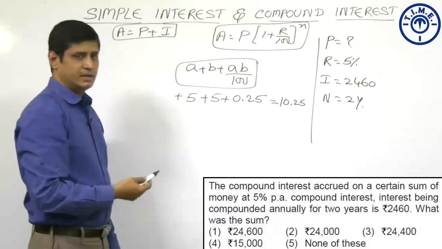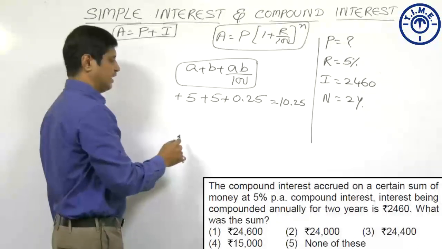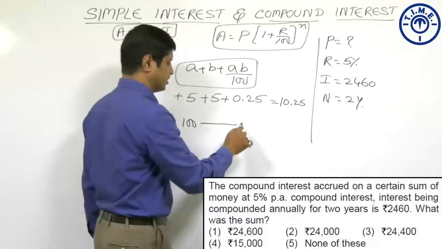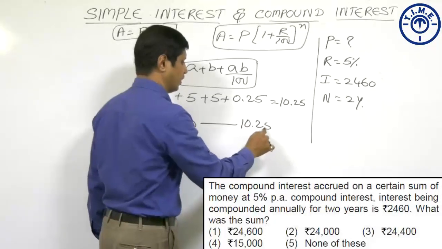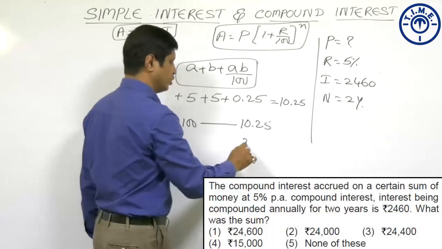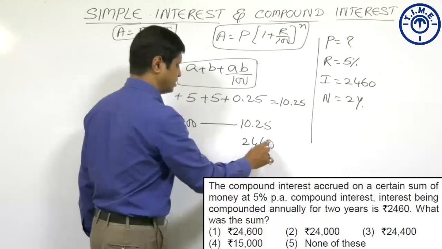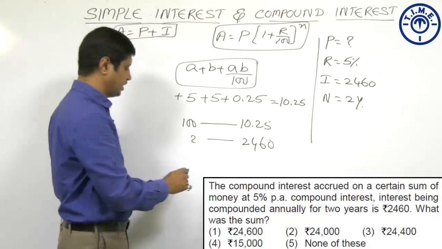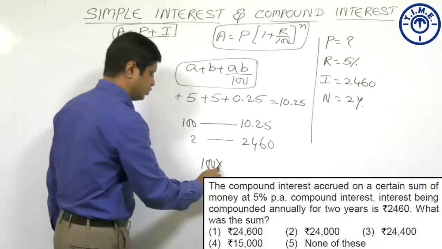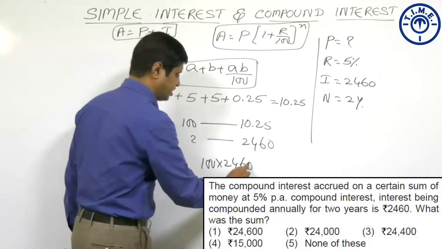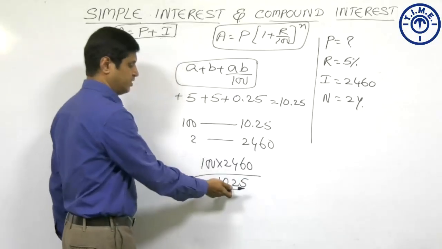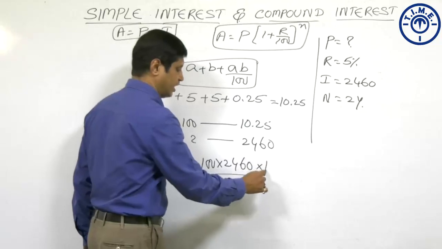Now, what is the value here? When you assume 100 as the base, the interest is 10.25, but the actual interest is 2460. Then find the principal value. By cross multiplication, 100 into 2460 by 10.25. Remove the decimal and add zeros on the other side.